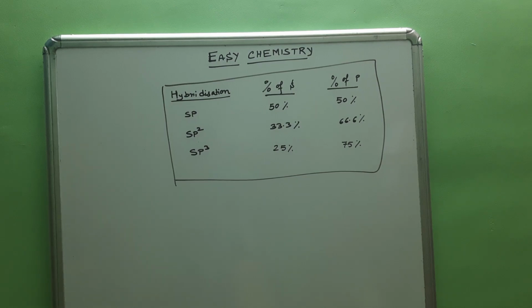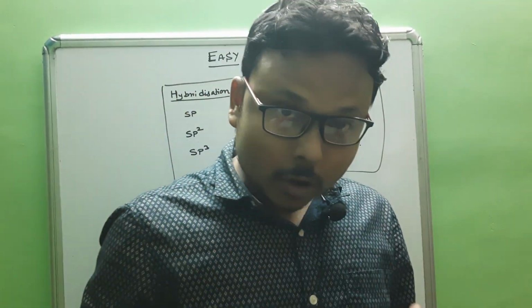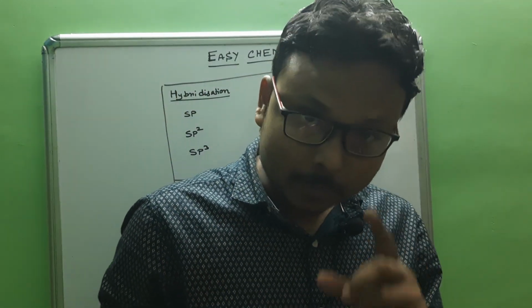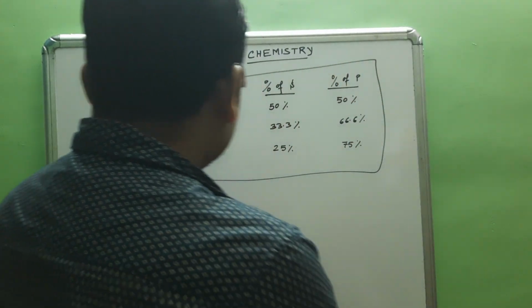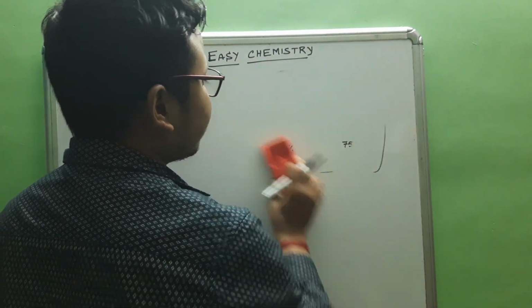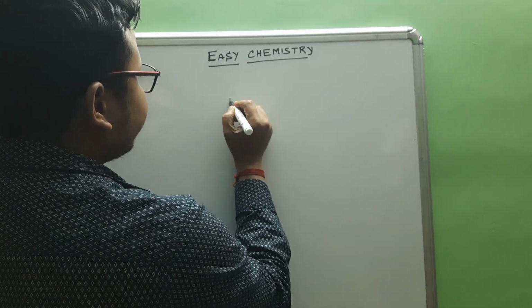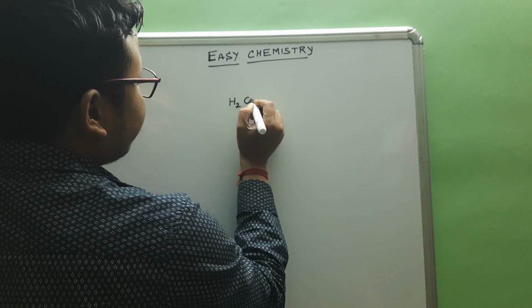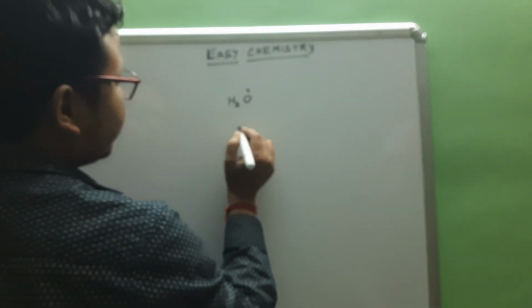Okay, my dear students. So now we are going to discuss the hybridization of H2O, water. So what will be the hybridization of H2O? In H2O, the central atom is oxygen.